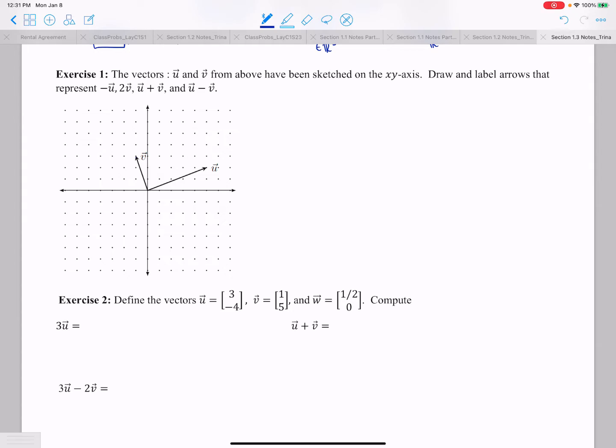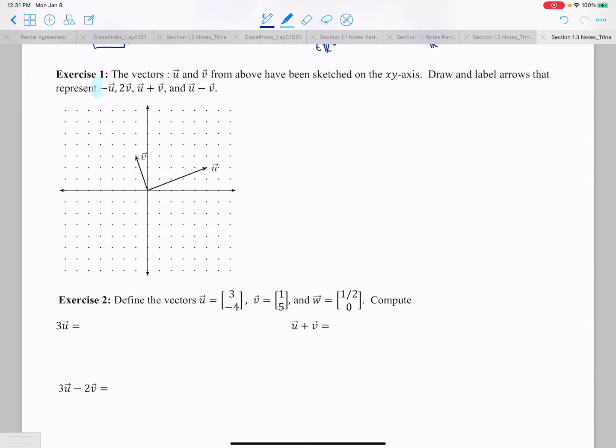So here are some visualizations of some vectors in R2. We have the xy plane, and we have a graph of u and v. And we're asked to label and sketch negative u, 2v, u plus v, and u minus v. So let's start with negative u.